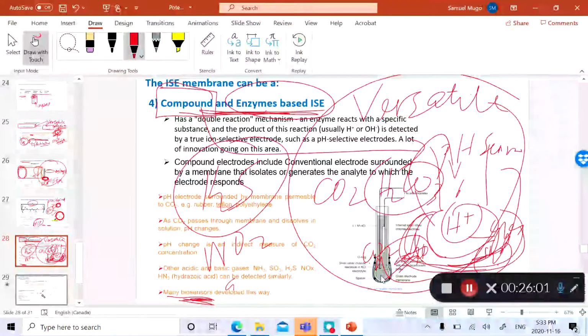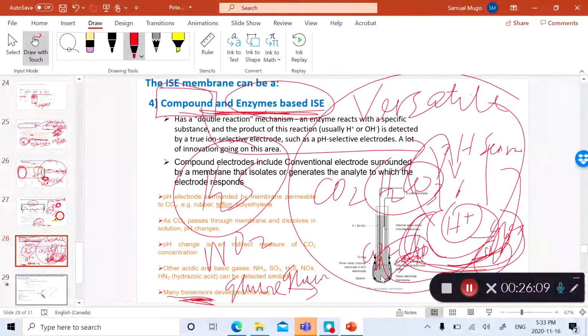If you take glucose, okay, and then you impregnate the membrane with an enzyme called glucose oxidase, the product that often you get is what you call glucuronic acid. And so it's an acid. And so this acid, again, can change the pH of the solution of the water inside. And that way, now you've got a glucose sensor.